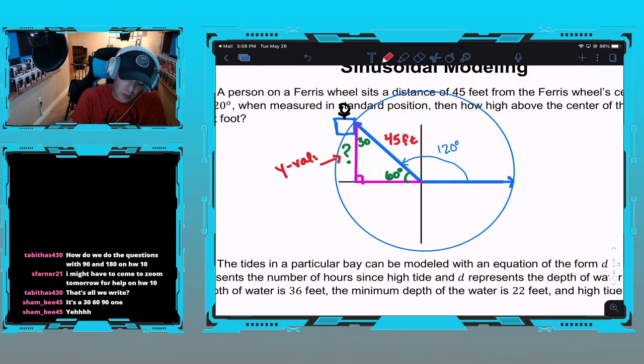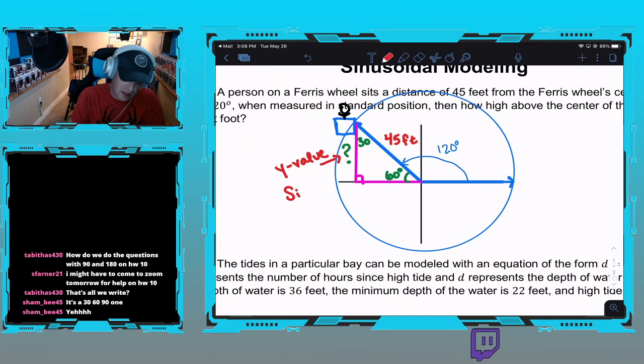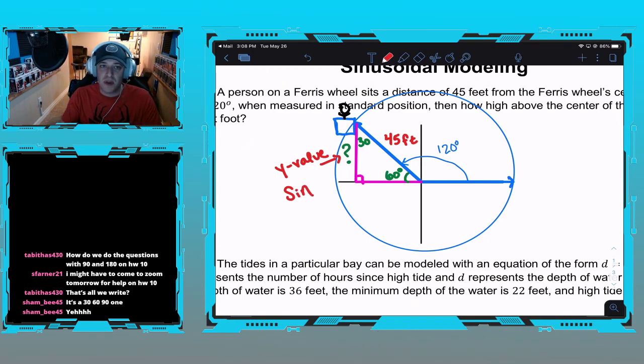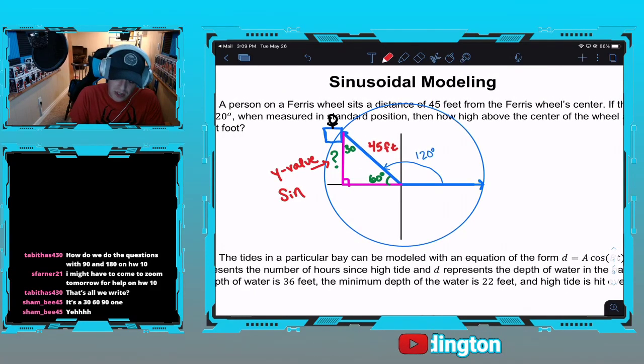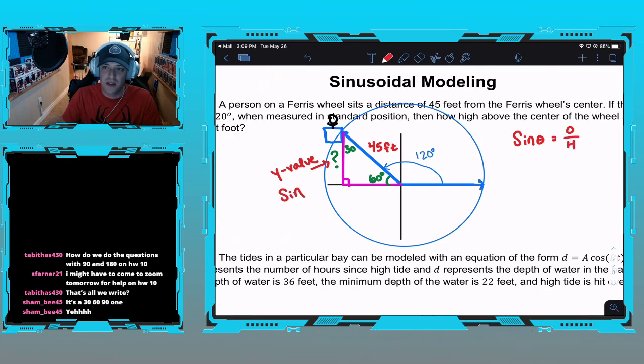And we said when we are working with trig functions, the y value is also known as sine. So in this particular problem, they want you to find the height using the sine formula. So if we were to do the Silver Creek teachers, sine theta is equal to opposite over hypotenuse.